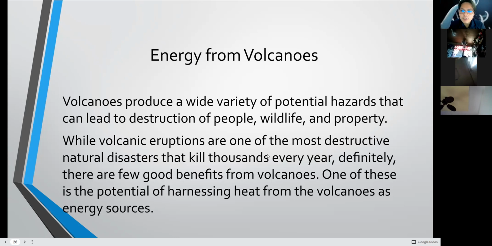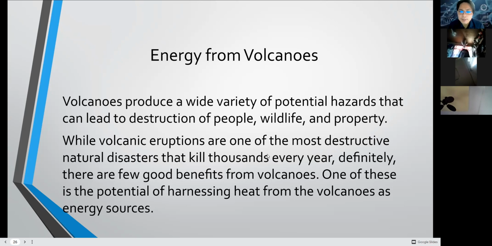While volcanic eruptions are one of the most destructive natural disasters that kill thousands every year, definitely there are a few good benefits from volcanoes, of course. One of these is the potential of harnessing heat from volcanoes as energy sources. This is the concept of thermodynamics. Are you familiar with thermodynamics? Yes.